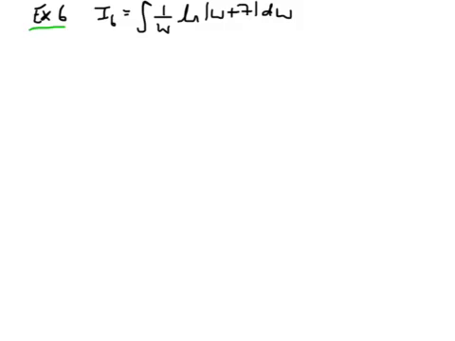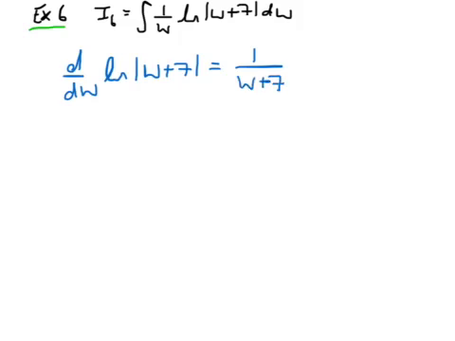So when we look at this integral here, we see that we have the logarithm of the modulus of w plus 7, and out here we have a 1/w factor. So one might for a split second think that one can use integration by substitution, but if one thinks about it, this is not going to be the case. d by dw of the logarithm of the modulus of w plus 7 is going to be 1/(w plus 7).